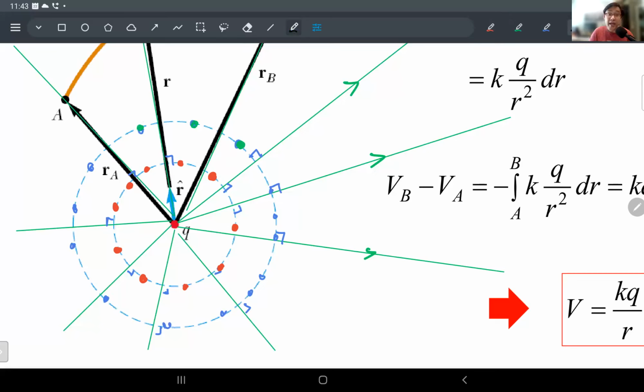And then you can go in any path you like. You can go like this, you can go like that, you can go crazy here and end up with that. Doesn't matter. The only thing that changes is when you change the R, the radius. But the initial point and the final point, that's all you care about. You don't care about the path.